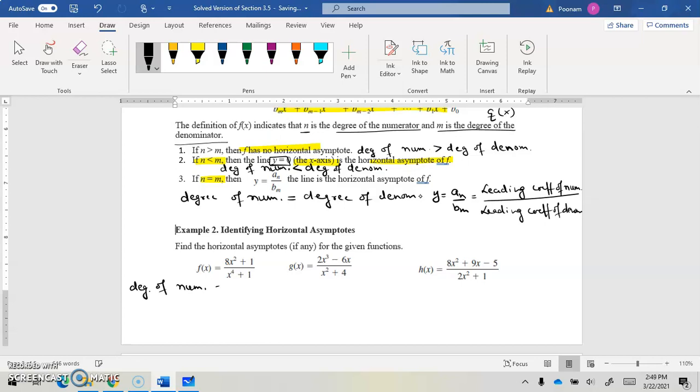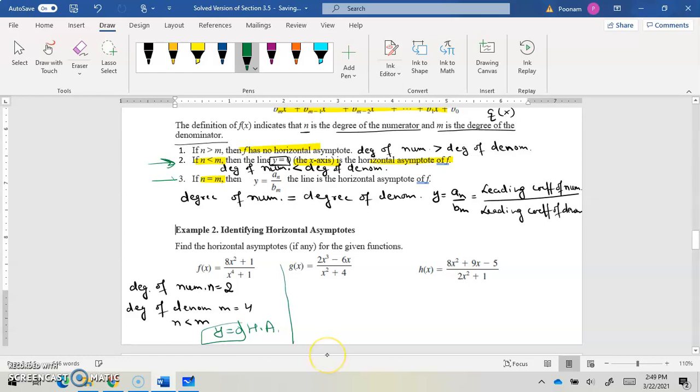The degree of the numerator in this case is 2, which is n, and the degree of the denominator, which is m, is equal to 4. n is less than m. Which case is this? That is this case, n is less than m. That means y is equal to 0, which is the x-axis. So y is equal to 0 is your horizontal asymptote.